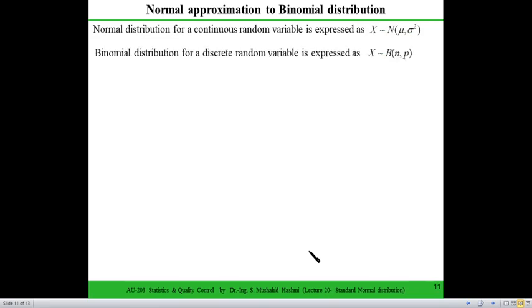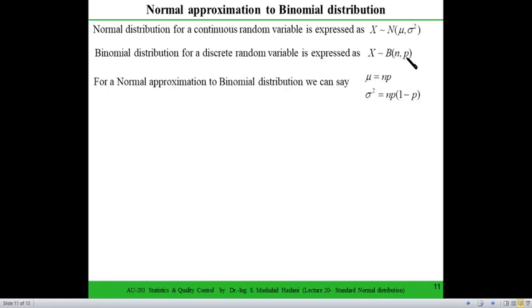If we are dealing with a binomial distribution, we have a discrete random variable x which is binomially distributed, and the parameters are the number of trials and the probability of success p. We can make an approximation because to calculate probability using normal distribution, we need the parameters mean and variance.